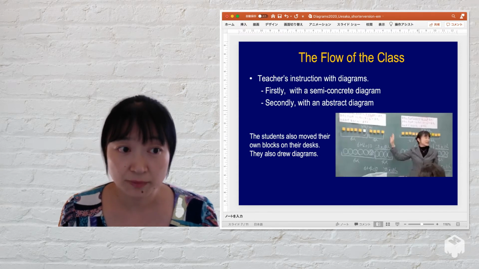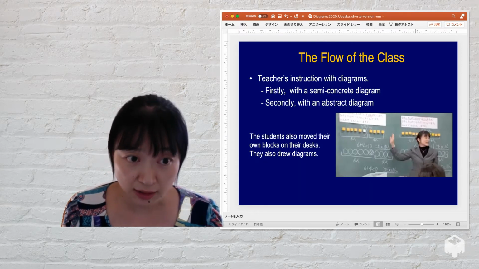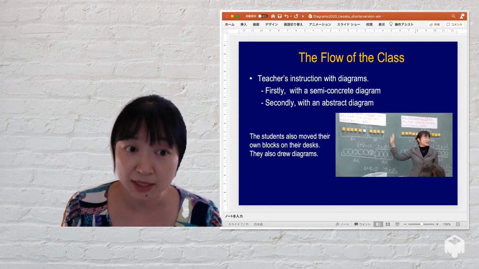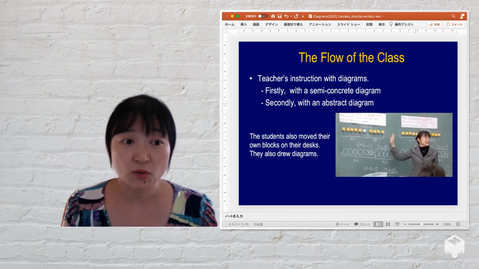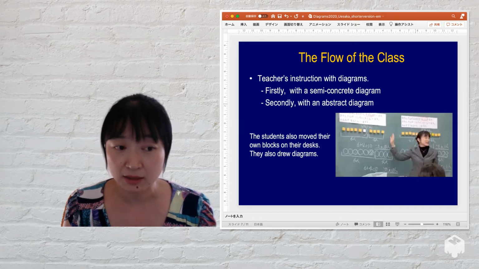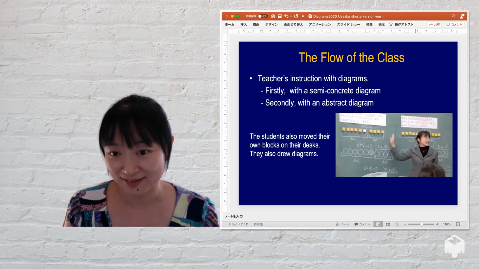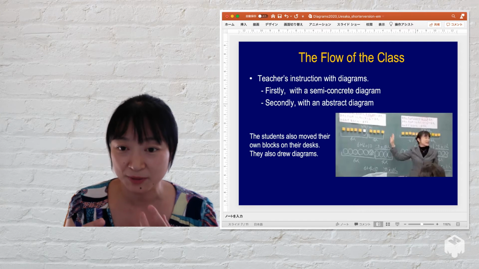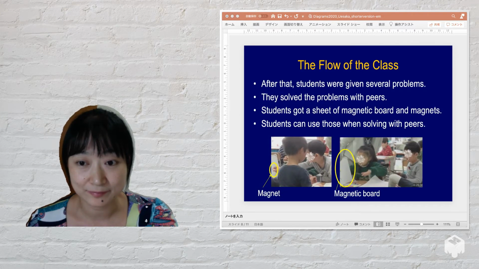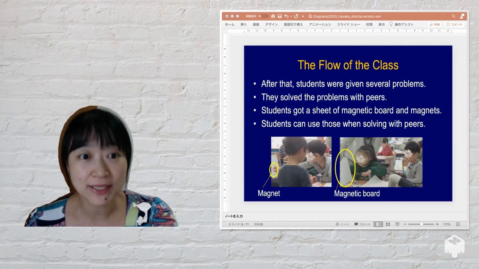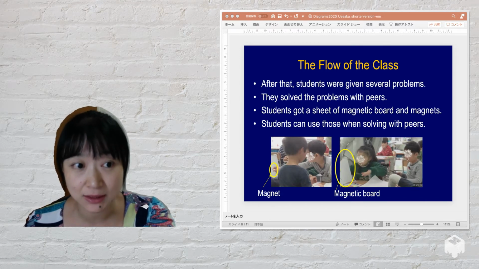In the classroom, the teacher first instructed with semi-concrete diagrams and with abstract diagrams. Students also moved their own blocks on their desks, and then they drew a diagram by themselves and communicated with peers to confirm their understanding. After that, students were given several problems and solved them with peers.